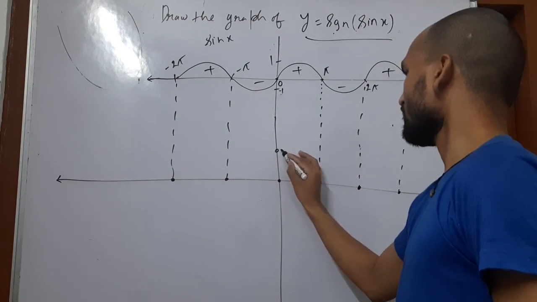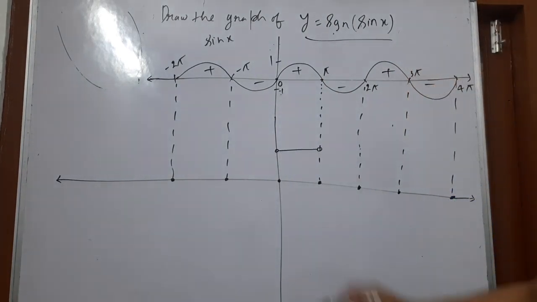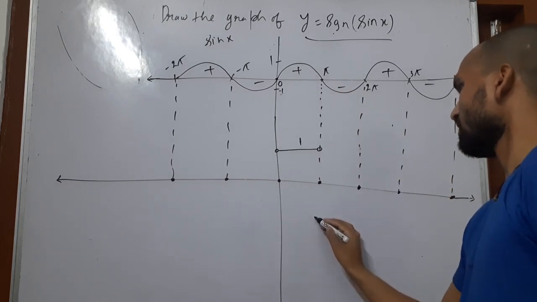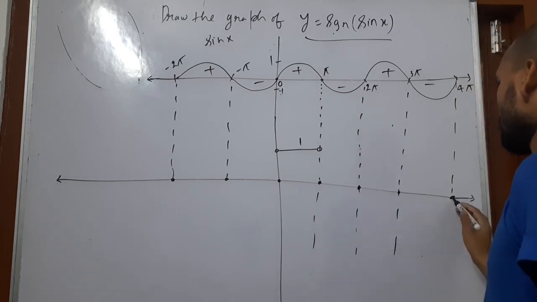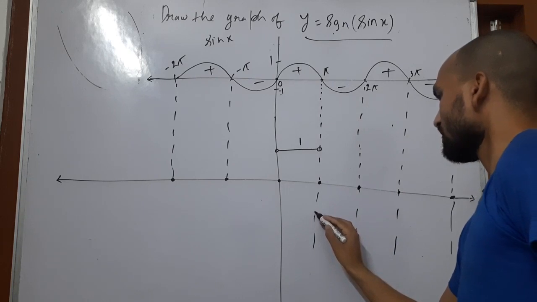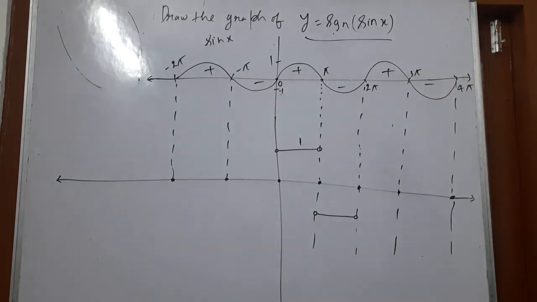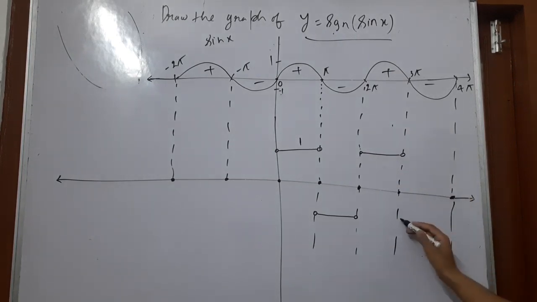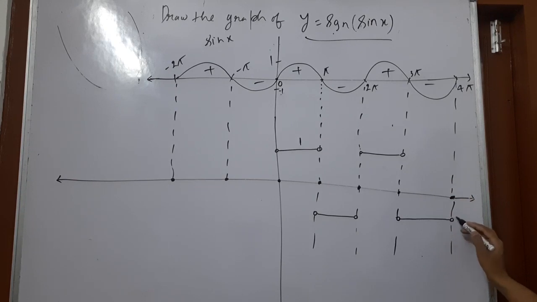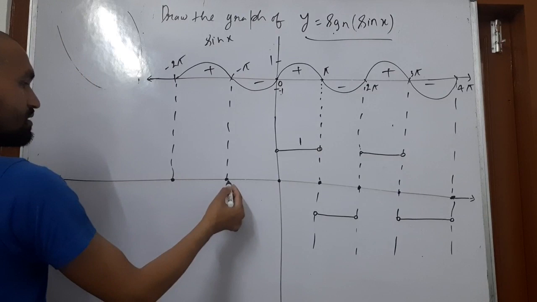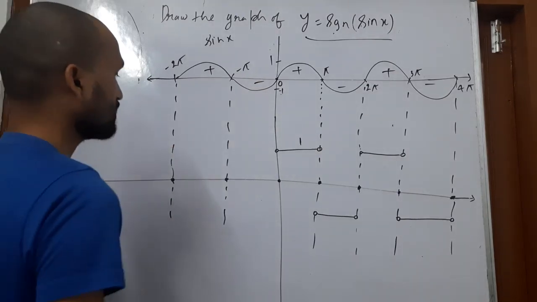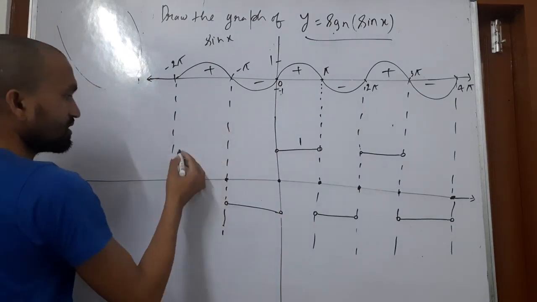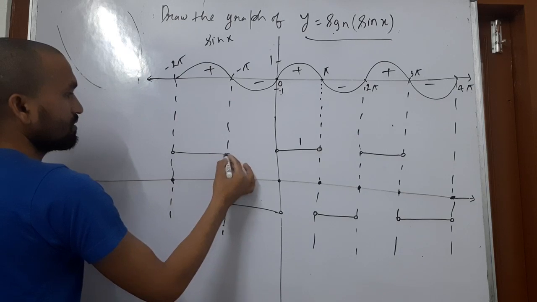So between these intervals we will draw the y equal to 1 line, and for negative values we should draw the y equal to minus 1 line.